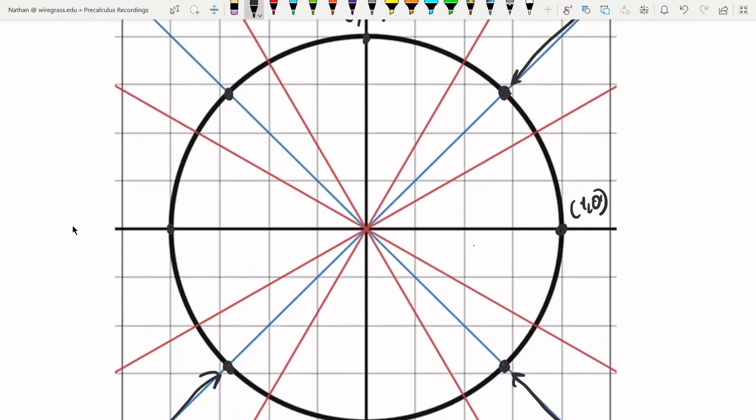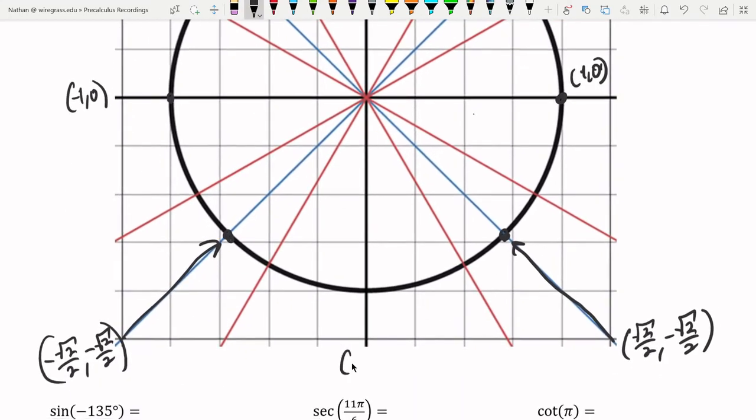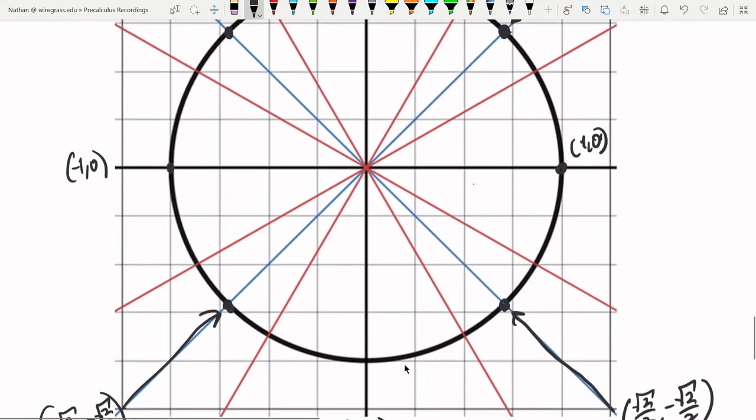This one over here is going to be at negative 1, 0. And this one down here is at 0, negative 1. Those are the 90, 180, 270, and then 0 or 360. The same thing as pi over 2, pi, 3 pi over 2, and 2 pi.